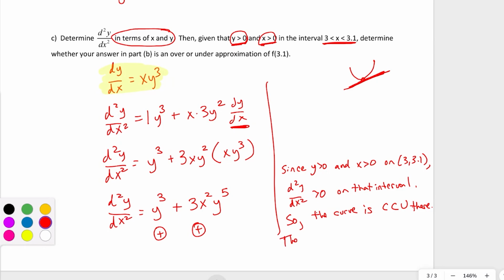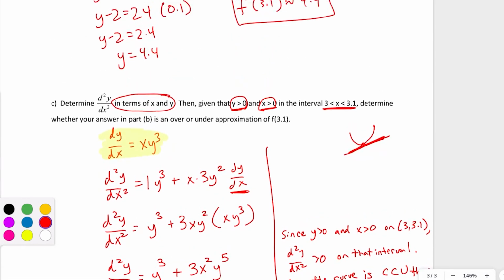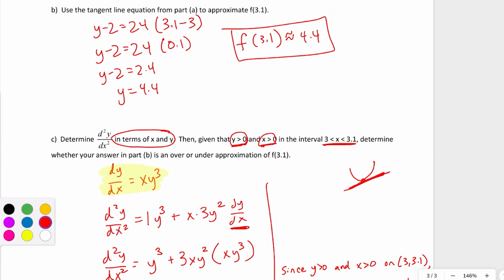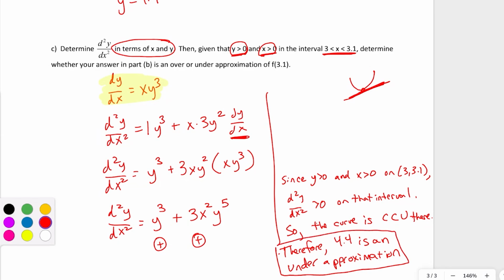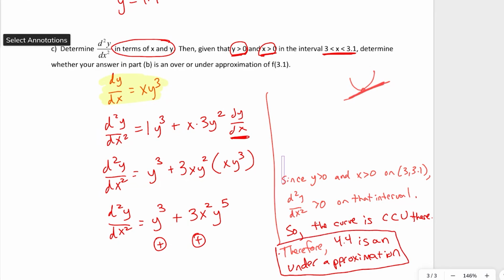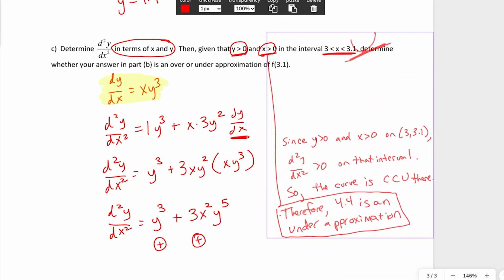So I'll say, therefore, what was our answer in part B? 4.4. Therefore, 4.4 is an under approximation because the tangent line is under the curve.